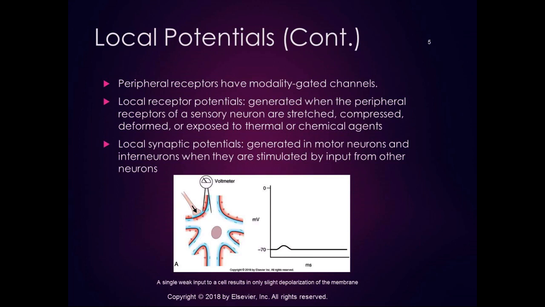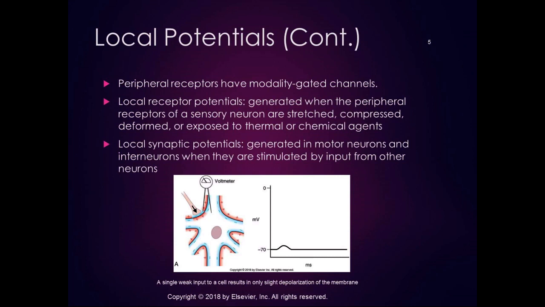Local synaptic potentials are generated when motor neurons and interneurons are stimulated by input from other neurons. So you're generating a local potential. If it's a receptor potential, it's a change to that peripheral receptor. If it's a synaptic potential, it is stimulated by input from other neurons.